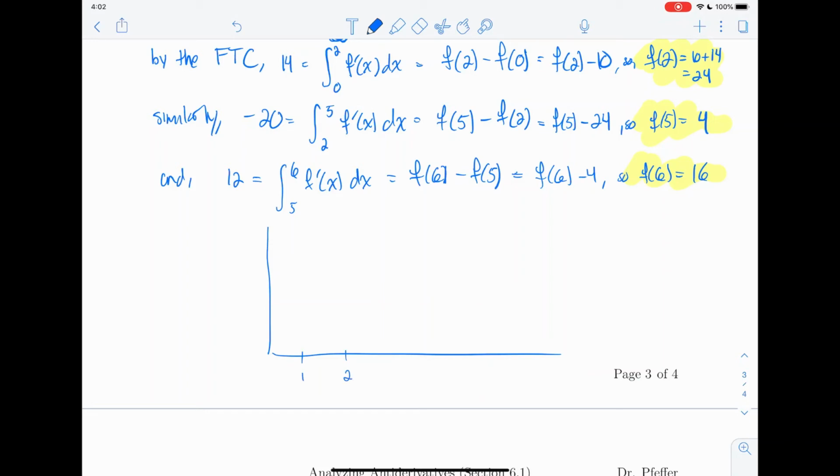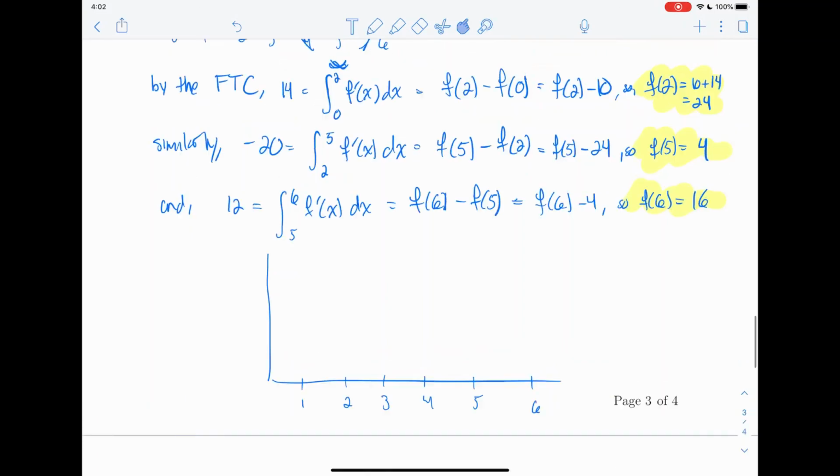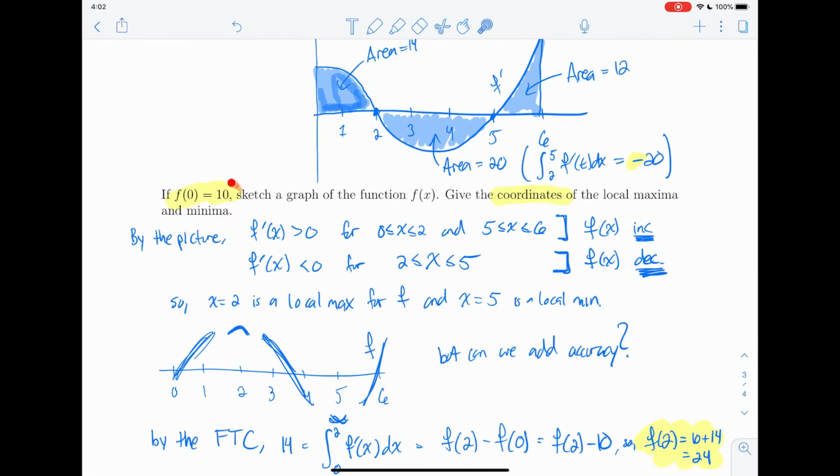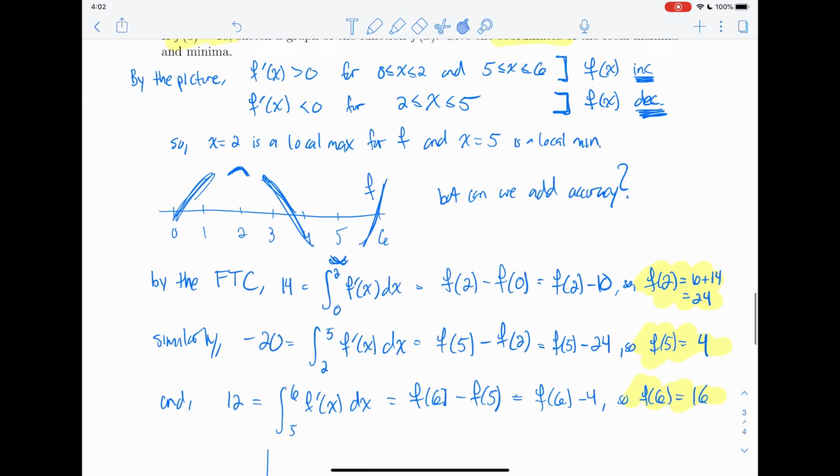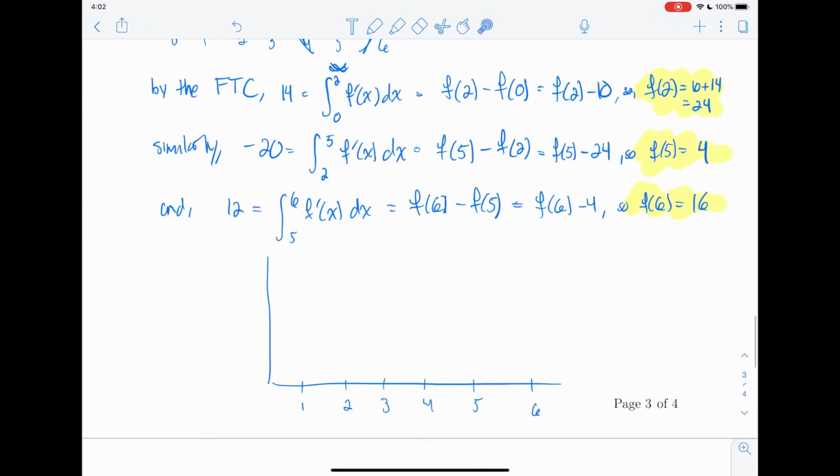Here's 1, 2, 3, 4, 5, and a 6. We know that by the initial condition, f of 0 is 10. We see also by the information we provided here on the right that the highest value seems to be a 24. So we're going to put these increments up to a 25, 20, 15, 10, 5.